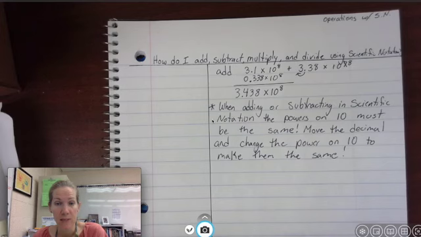So move the decimal and change the power on 10 to make them the same so that you can add or subtract them.